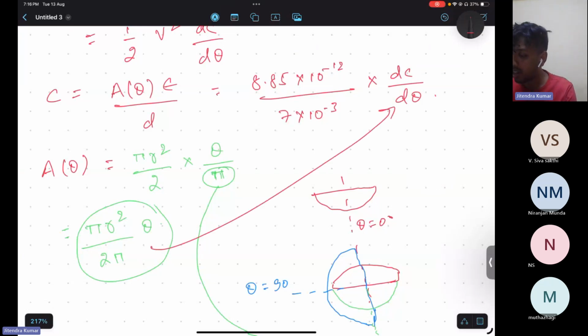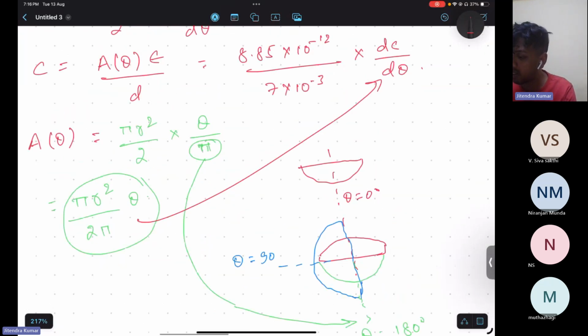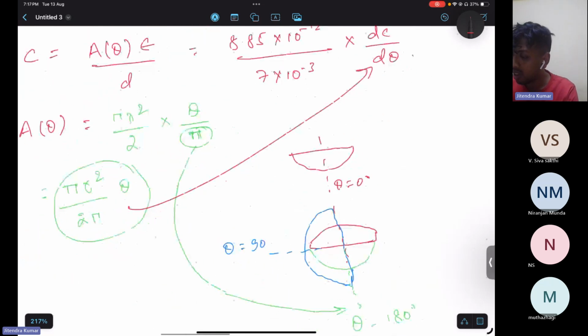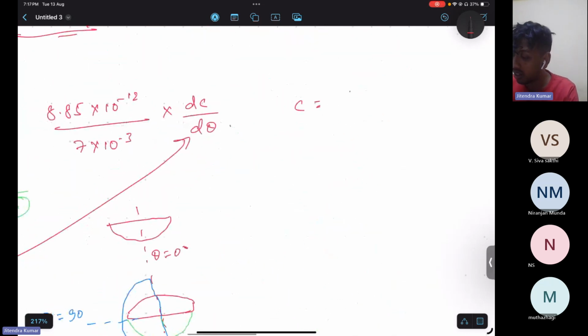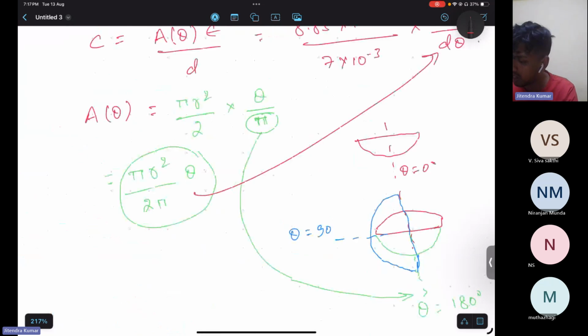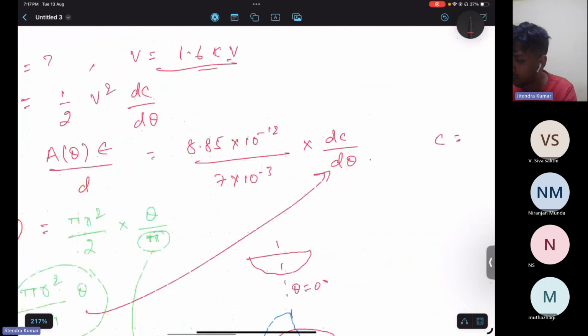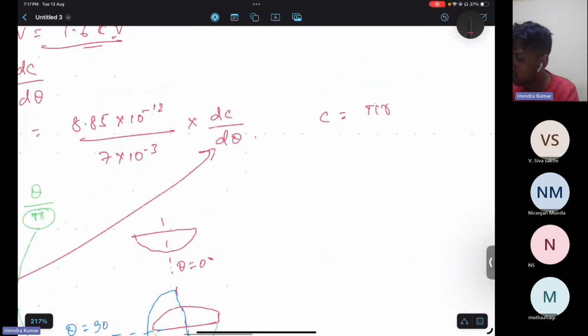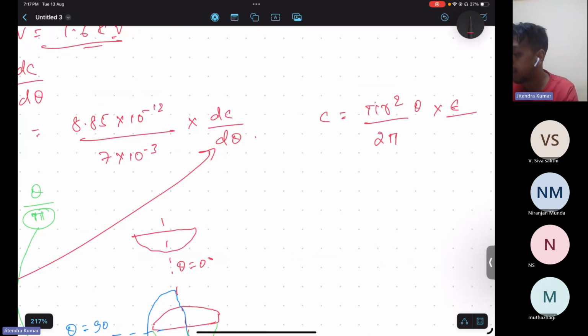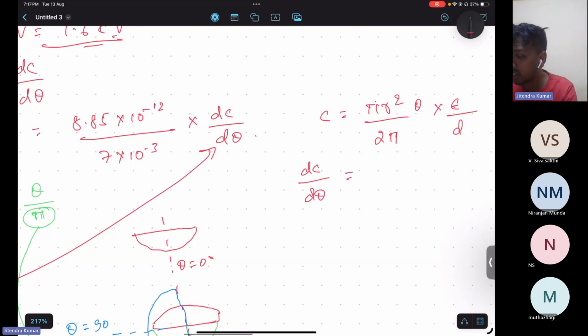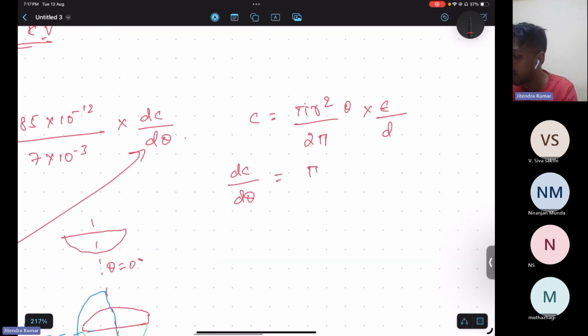So C will be equal to pi r square by 2 pi into theta into epsilon by d. So dC by d theta is equal to how much? Theta will just disappear from this expression, and pi will also get cancelled out.